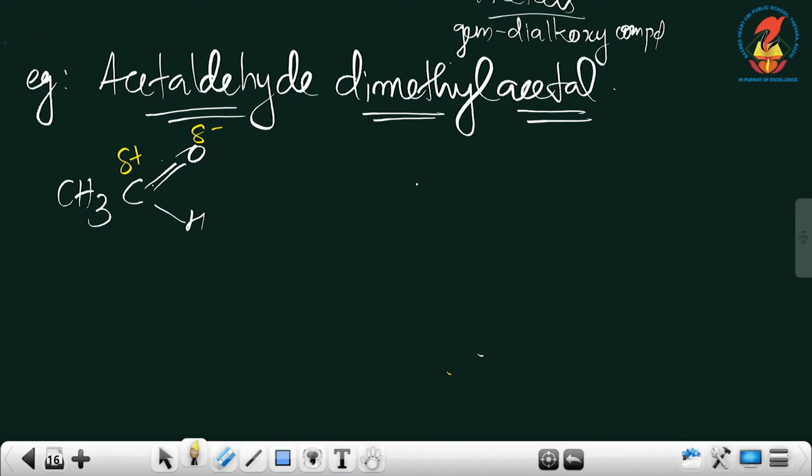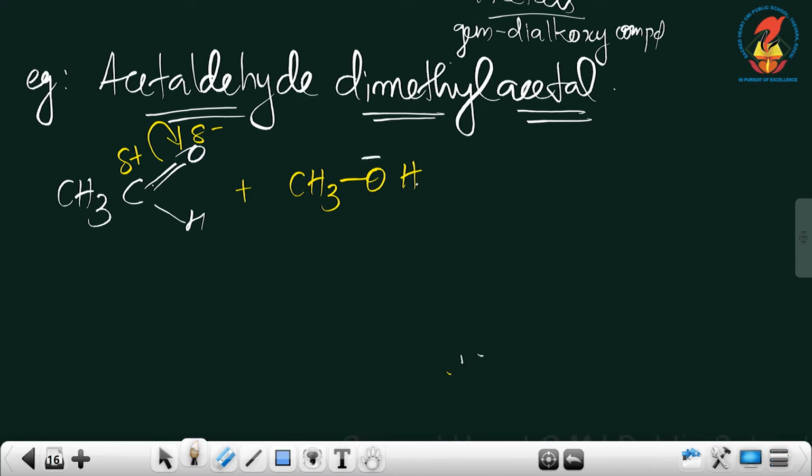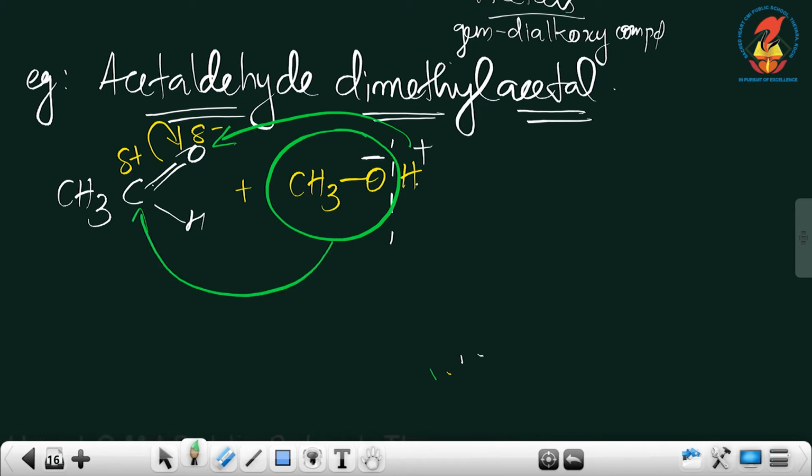Delta minus, delta plus will be shifting towards oxygen. It will be reacting with first molecule of methanol, CH3OH. Ionization of methanol is CH3O minus and H plus. H plus will be moving towards oxygen and OCH3 group will be moving towards carbon.